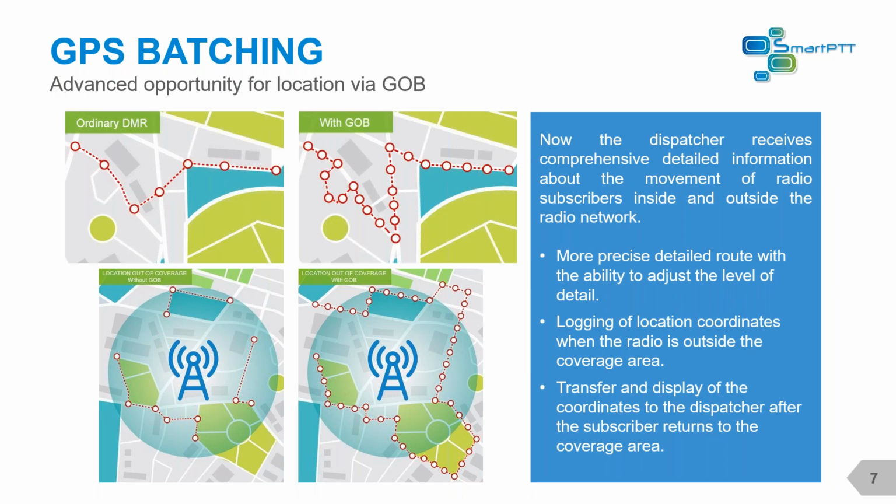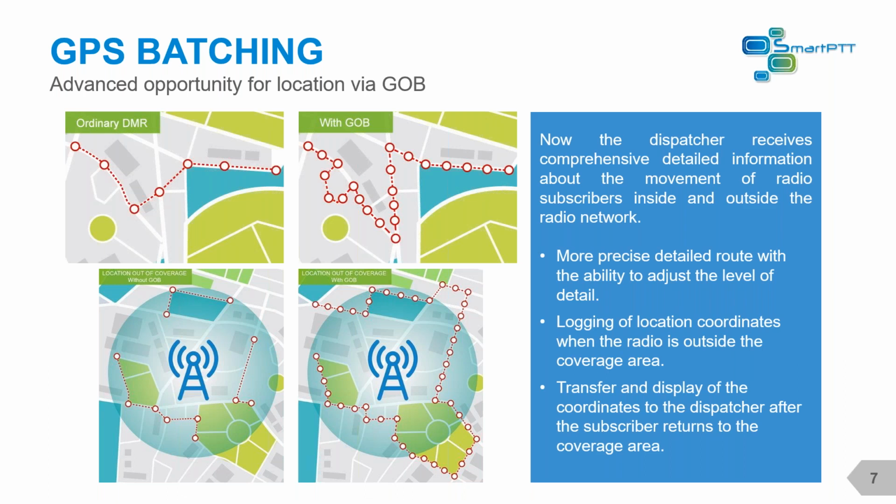So now, instead of seeing right now, here I am, and 5 minutes later, here I am again, you're going to see every point, every few seconds, where that radio was. So instead of seeing driving across a lake, you're now going to see the exact path that that radio took.